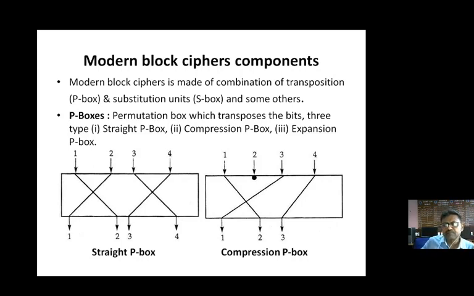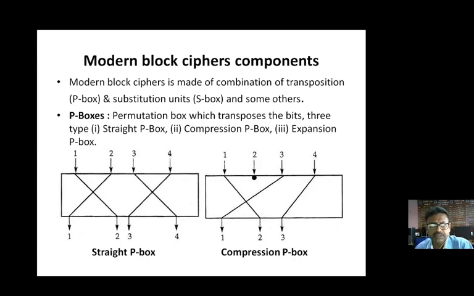In this compression P-box, we leave out certain bits at certain positions so that the number of outputs is less than the number of inputs. Of course, this compression P-box is keyless, and the whole purpose is to reduce the number of bits in the output.